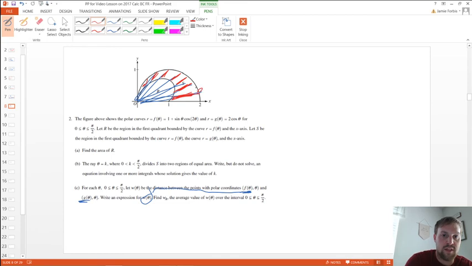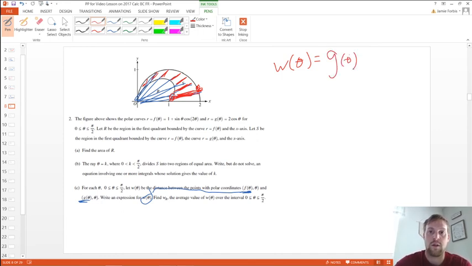Well, it's just going to be this value, subtract this value, and I have that distance. So literally, W of theta is equal to the difference in my outside function and my inside function. That's what W of theta is. That's the distance, right? That's the difference between the two.